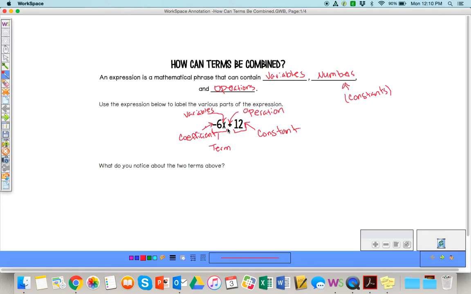So it says, what do you notice about the two terms above? Okay? So one is a constant. And then one contains a variable.